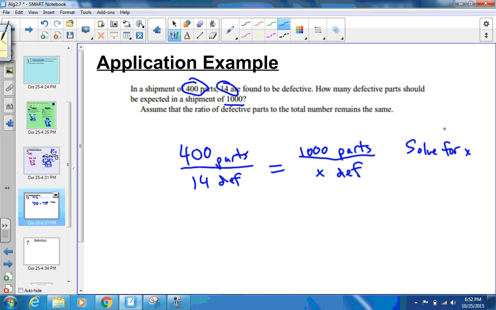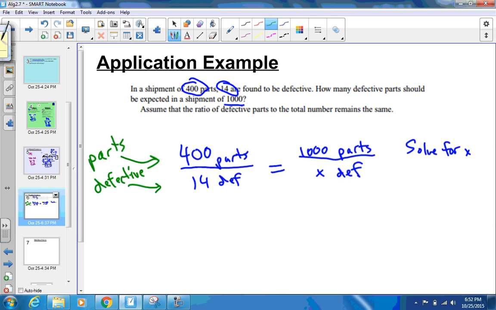Okay, so setting up the proportion might be the hardest part, but you can see here the top has the parts. The bottom has the defective ones. Got to keep it consistent in both ratios, so that if you have parts over defective on the left side, it should be parts over defective on the right side.